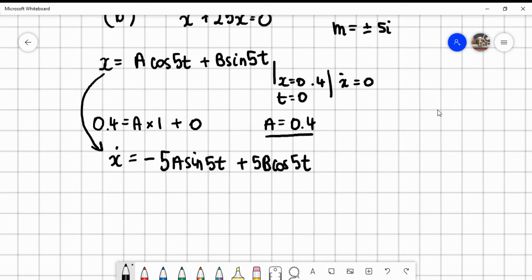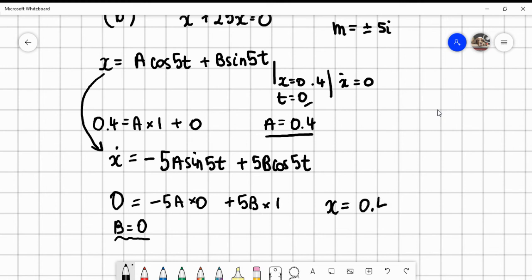So the velocity is 0, and then we've got minus 5a times 0 because t is equal to 0 as well over here, and then you've got plus 5b times 1. Okay, so b is going to be equal to 0 because 5b is 0. So the actual solution, we will not have the other part. x was equal to 0.4 cos 5t. Perfect.